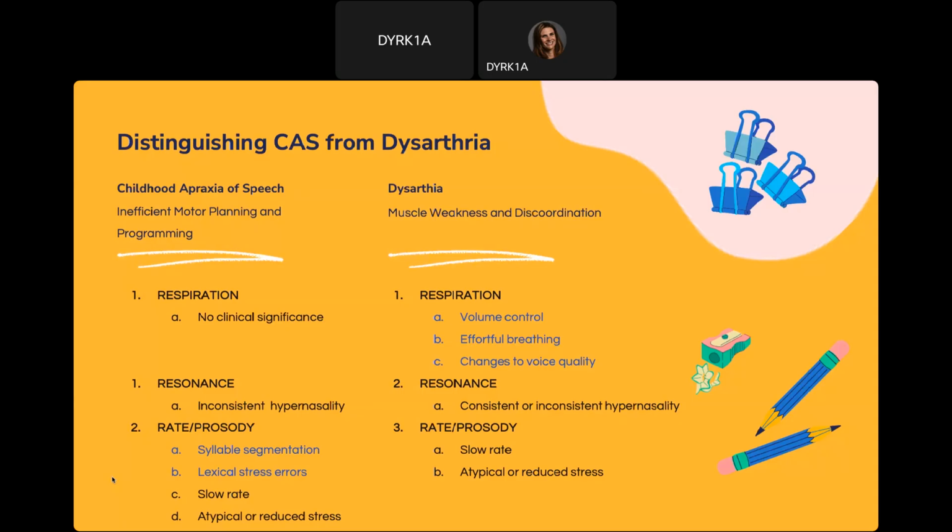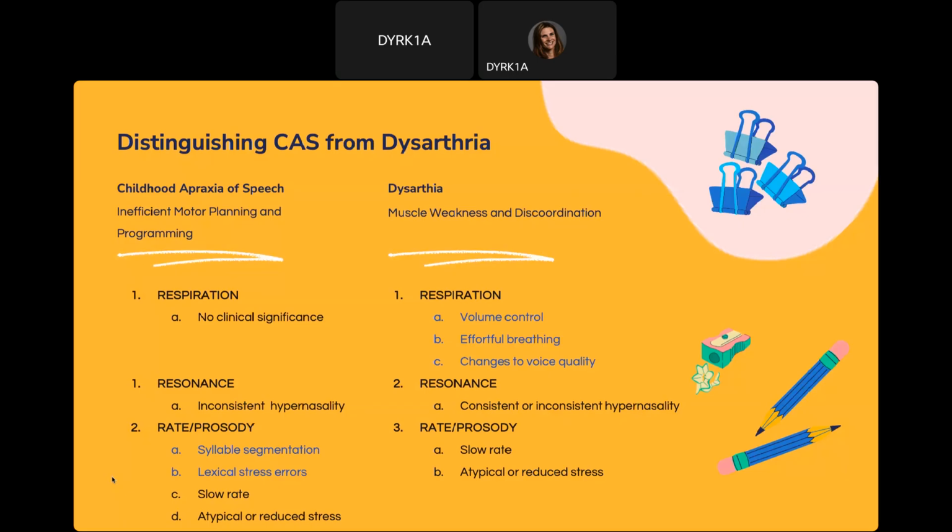And so syllable segmentation, if I was going to say banana, 3 syllables, and I'm going to chunk them like ba-na-na, and there's a little break or pause in between them. We might see lexical stress errors. So if it's banana with a stress in the middle, we might see a reversal of that stress pattern. So we might say BAnana or banaNA.